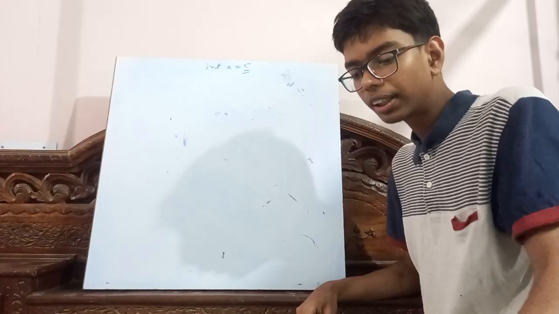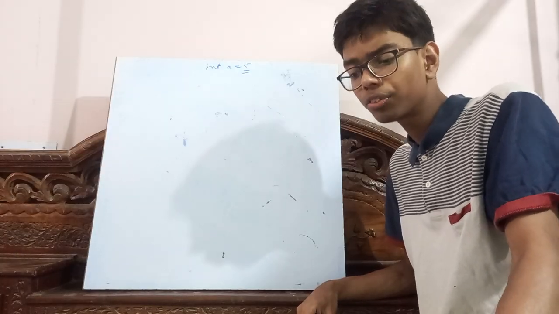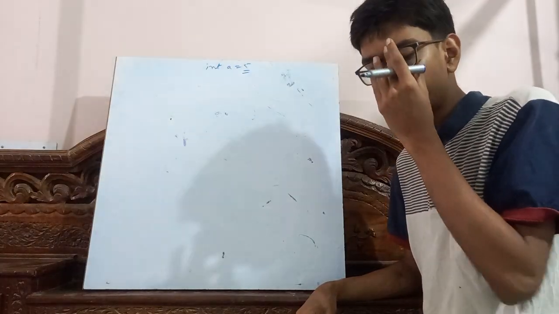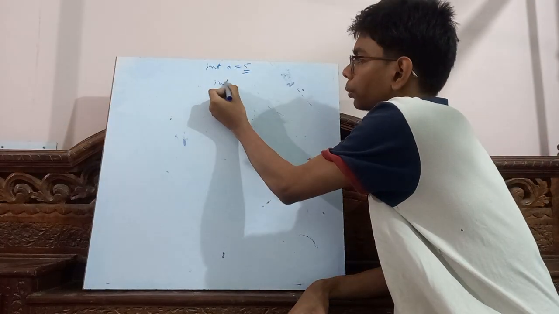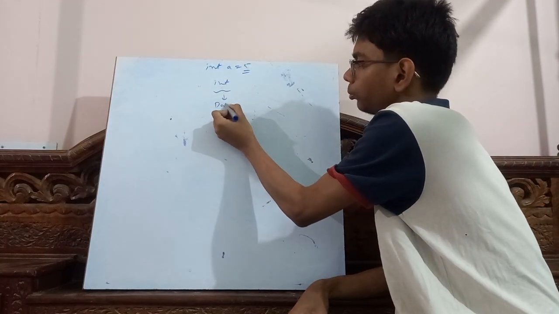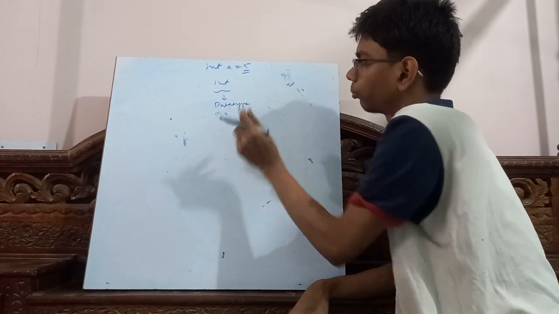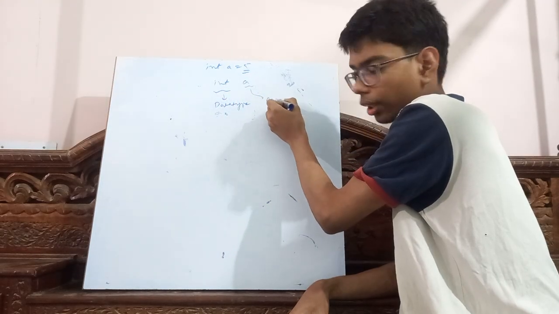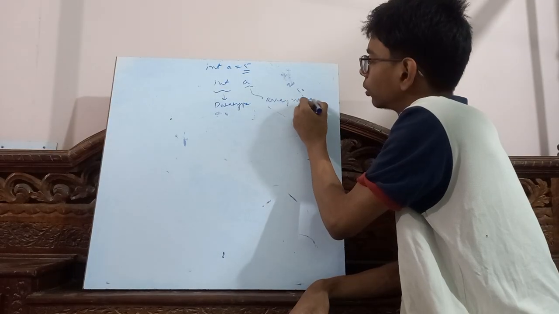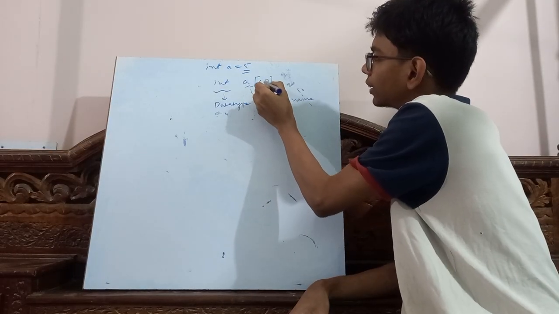Now, the basic declaration of a 1D array. The basic syntax is data type, array name, and inside the brackets I will write the size.